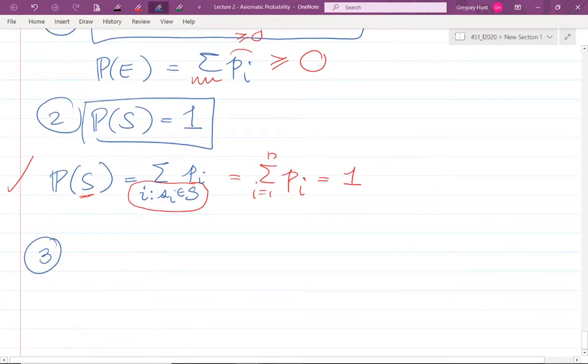The third axiom here is the axiom of countable additivity. And this is always kind of the harder one to check.